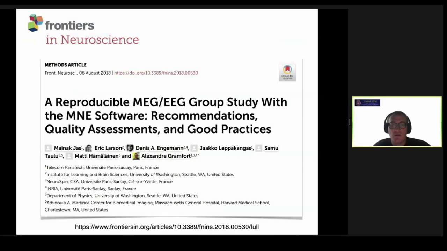With this, I will conclude by giving you some references to the work of my team. This is a paper that we published a couple of years ago showing how to apply all these good practices using a publicly available data set. If you go to this page, you will have a description, and it also links to code that you can use on your own studies.